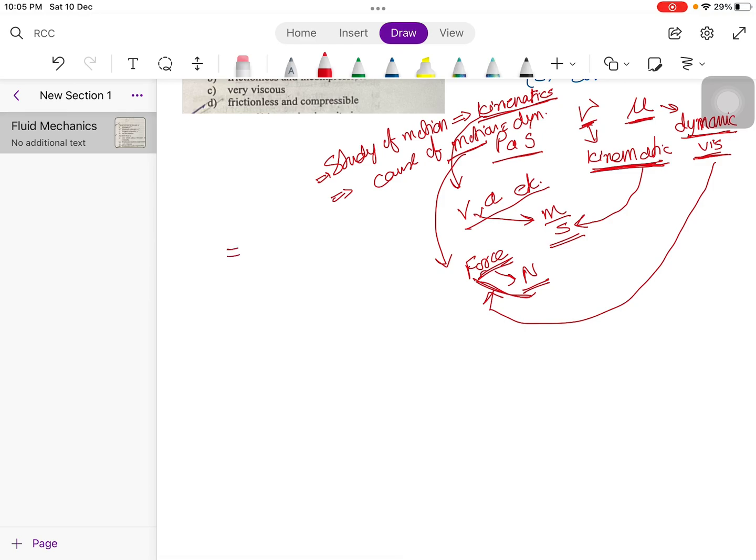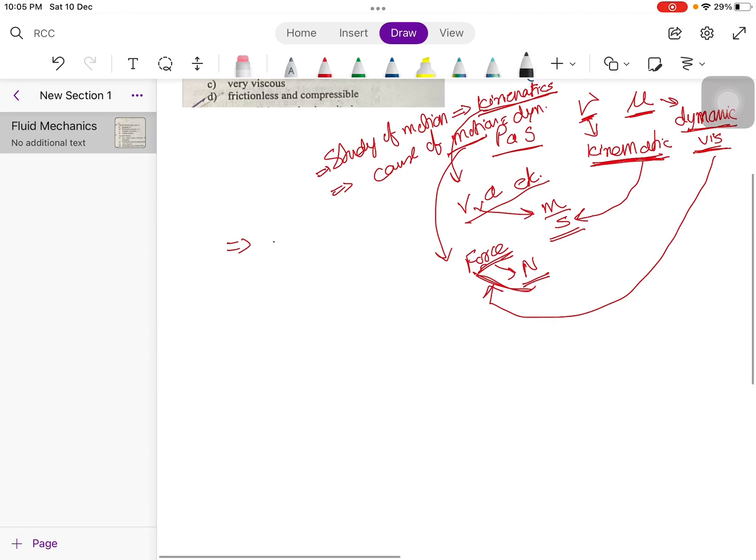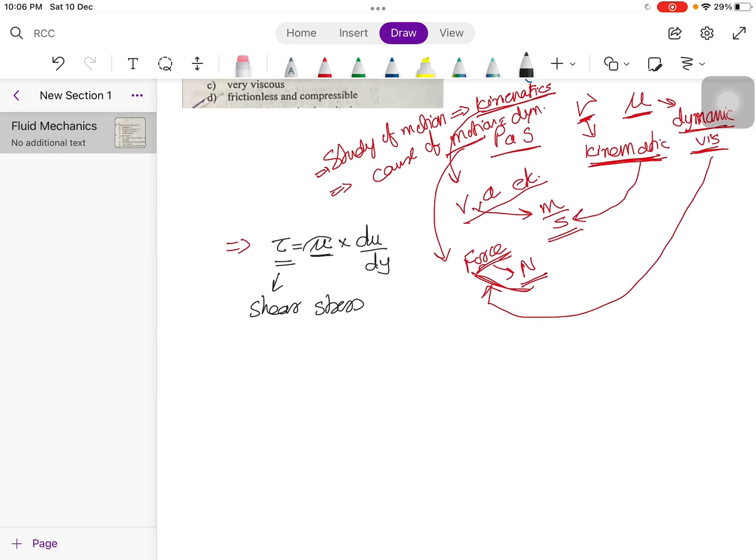Now, we have a law for viscosity, which is known as Newton's law of viscosity, which states tau is mu times du upon dy, where tau is shear stress in a fluid layer, mu is the dynamic viscosity, or for time being, I'll just call it a viscosity, and after I derive its units, we will name it as kinematic viscosity or dynamic viscosity.